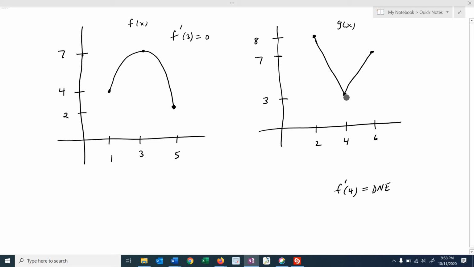So again, you can have an absolute minimum or maximum at a critical point in the interior of the domain of your function. But they can also occur at the endpoints, because the absolute maximum in this case is 8, and it occurs at this endpoint, the left endpoint, when x is equal to 2, right? The left endpoint of the domain. Okay, so just keep that in mind.